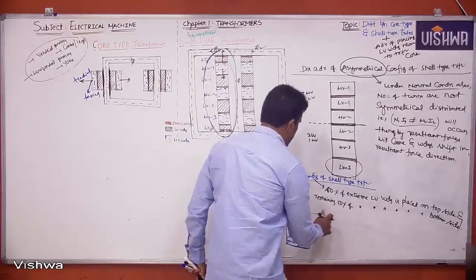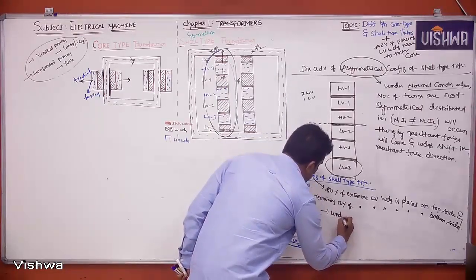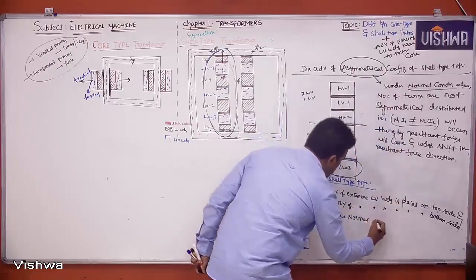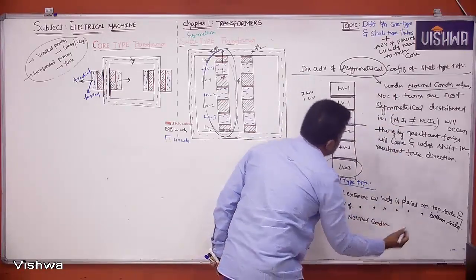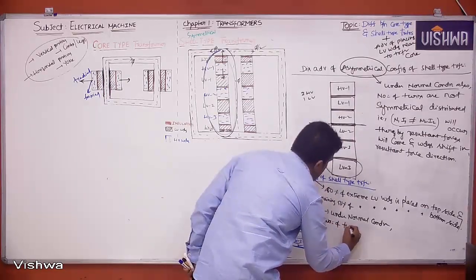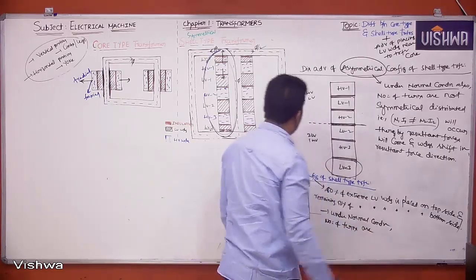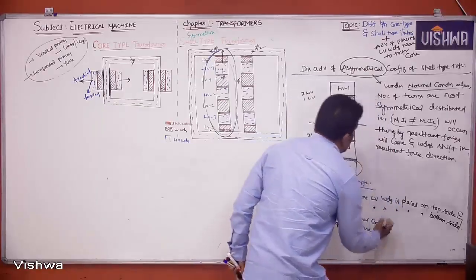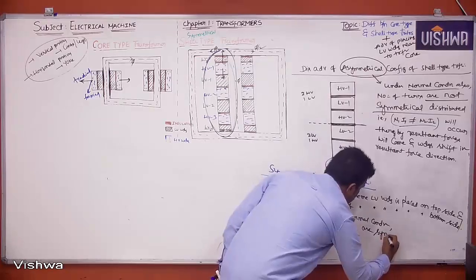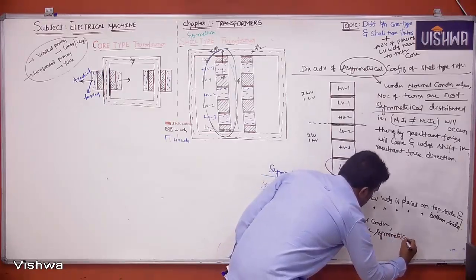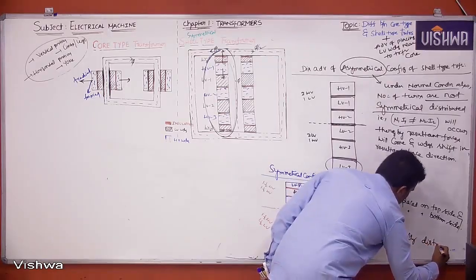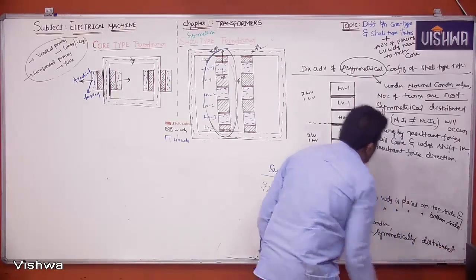Under normal condition, the number of turns are symmetrically distributed. Previously they were not, but now the number of turns are symmetrically distributed.